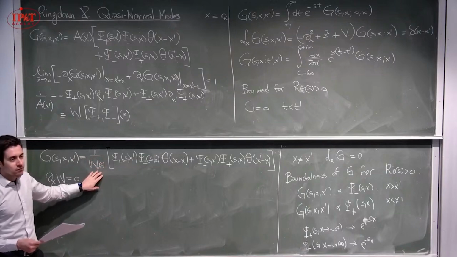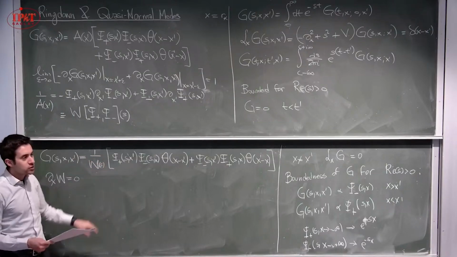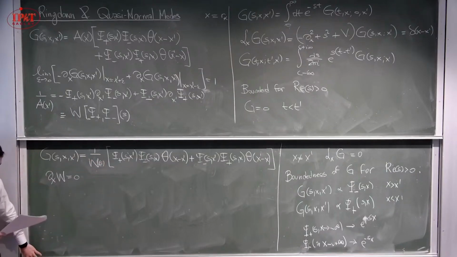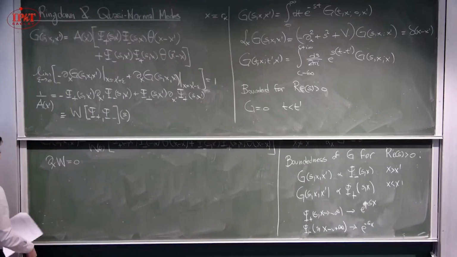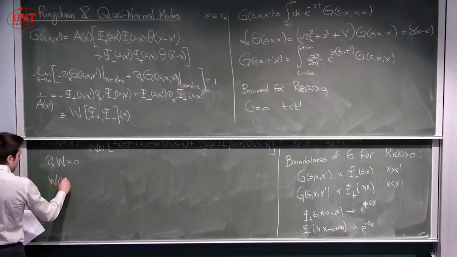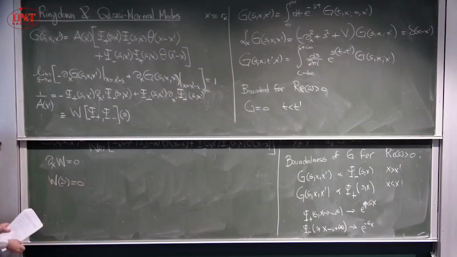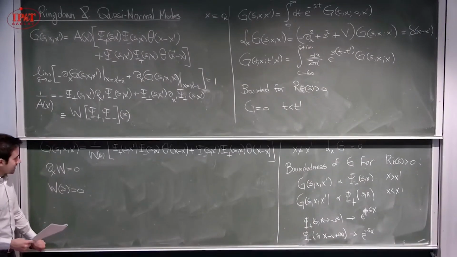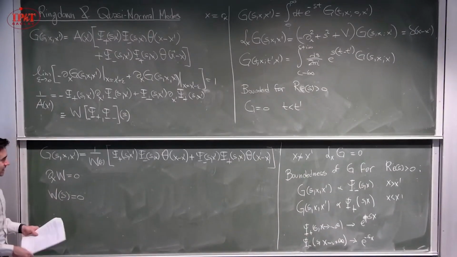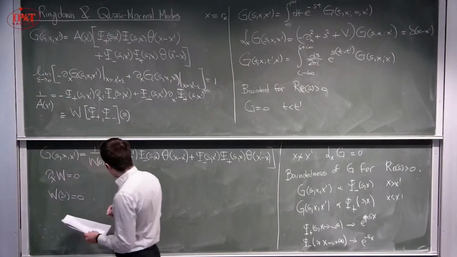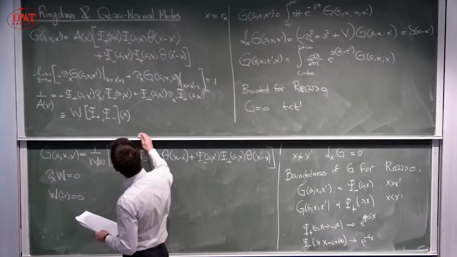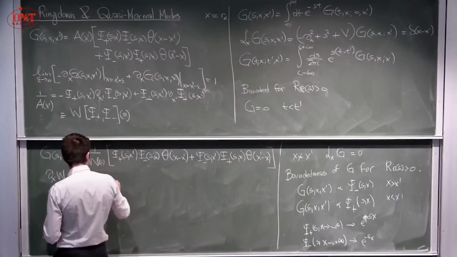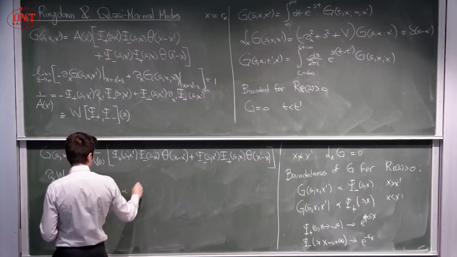There will be some values of S for which the Wronskian is 0. So let's consider the values of S for which W of S is equal to 0. Notice that when this happens, the Wronskian vanishes whenever psi minus is proportional to psi plus.